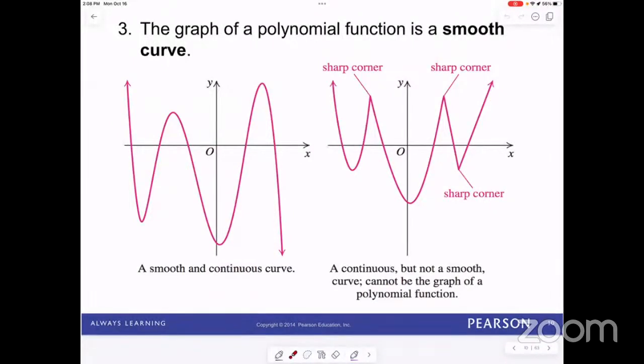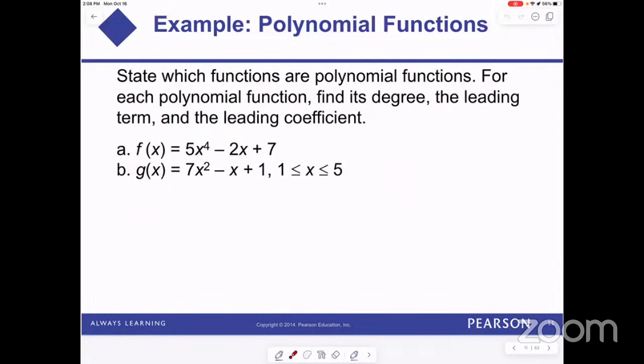State which functions are polynomial functions. For each polynomial function, find its degree, the leading term, and the leading coefficient. For A, we have the sum of three monomials, 5x to the 4 minus 2x plus 7.